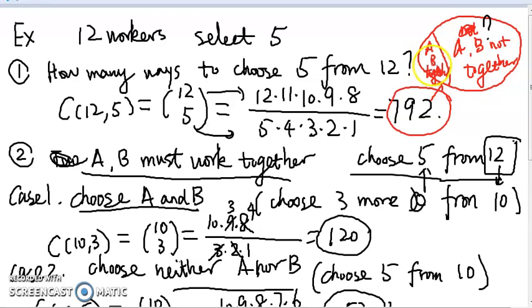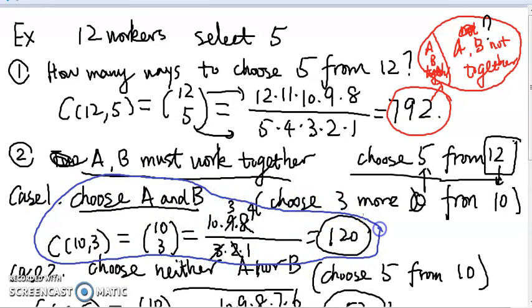So for A, B together, there's only one way, and we actually did it here. How many ways do we have if we must choose A and B? It's 120 ways. So that tells me out of these 792 ways, there are 120 ways that A, B are together.